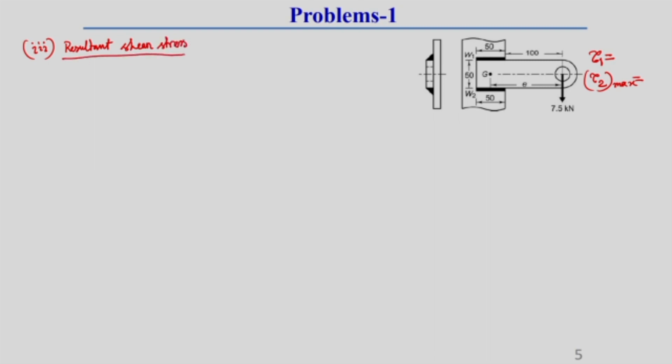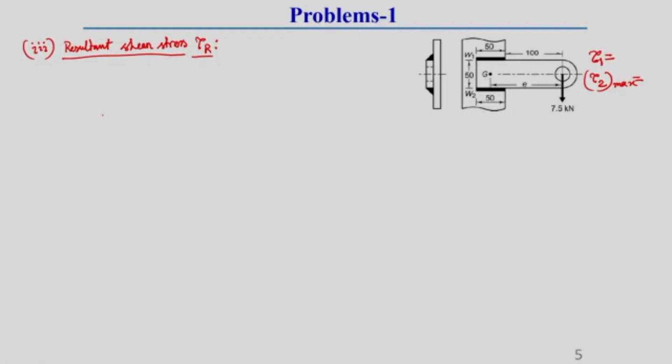So, for finding out resultant shear stress tau r, we can use here vector addition or some parallelogram law to find out this tau r. So, here at point A, at point A there is a primary shear stress tau 1, and at point A, note it down, there is a secondary shear stress, this is the secondary shear stress tau 2.